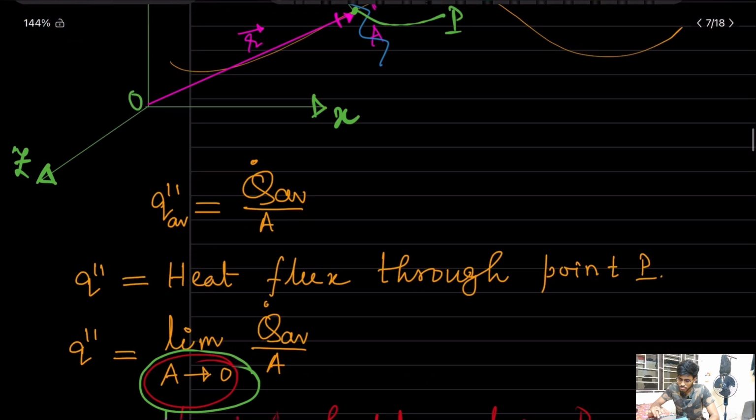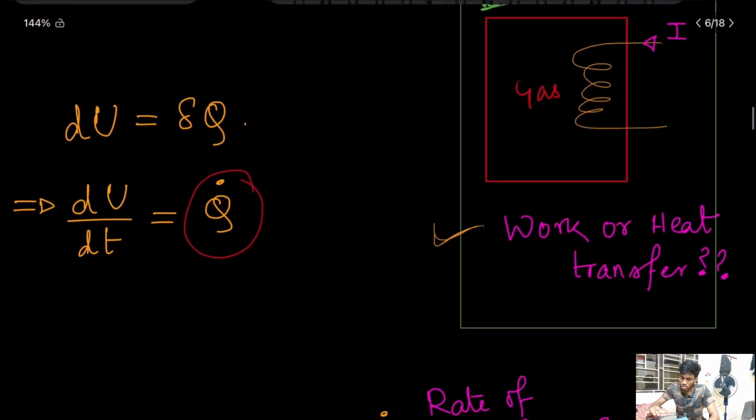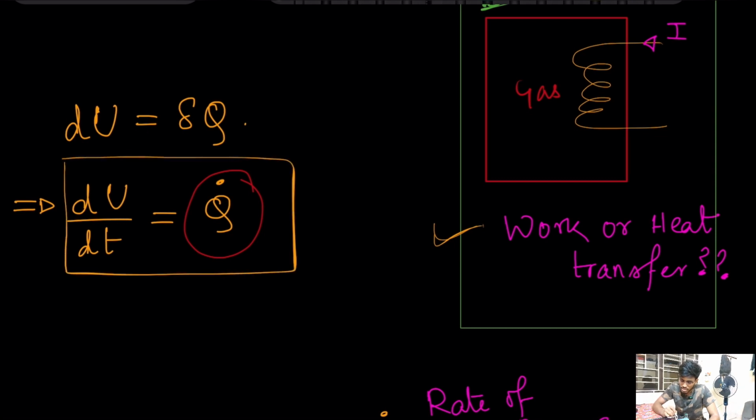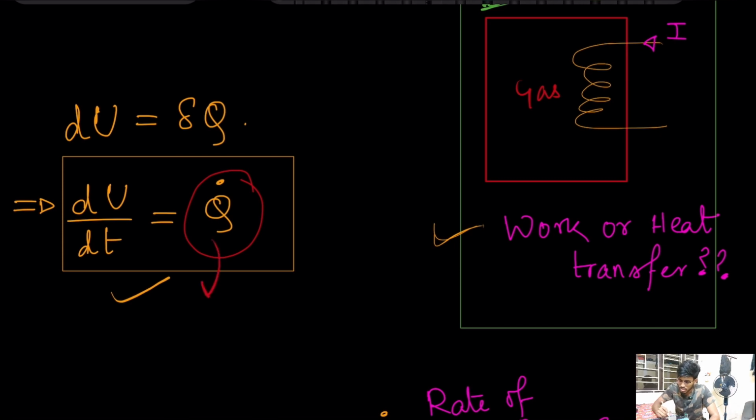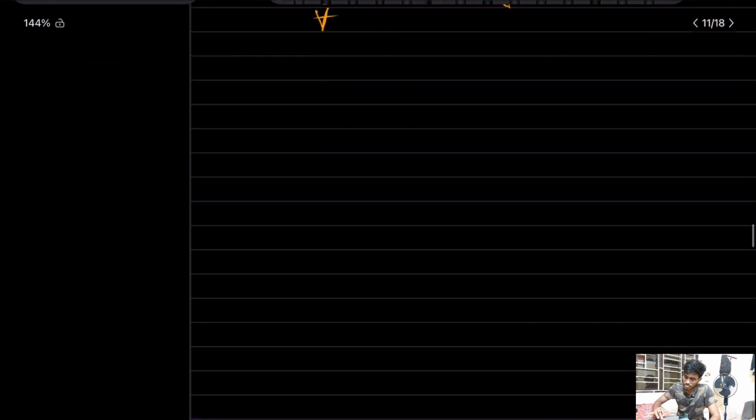Going back to that equation, I have the two components of Q dot: one is Q dot S, another is Q dot G. Now I will put the expressions of both Q dot S and Q dot G and write the thermal energy balance equation again.